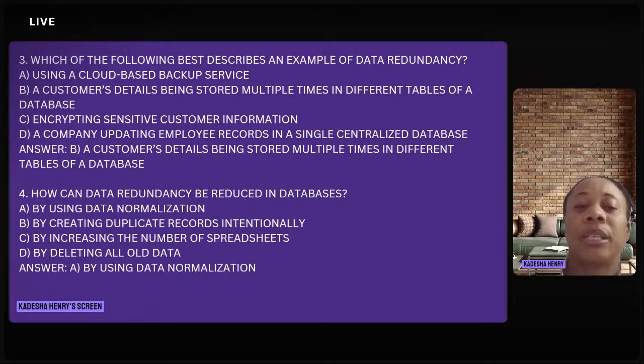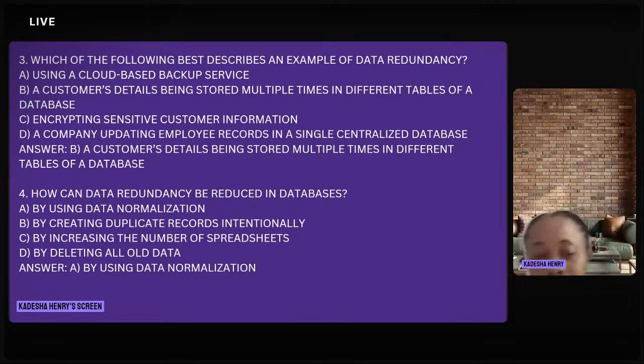C, encrypting sensitive customer information. D, a company updating employee records in a single centralized database. Right? So the answer will be B: customers' details being stored multiple times in different tables of a database.